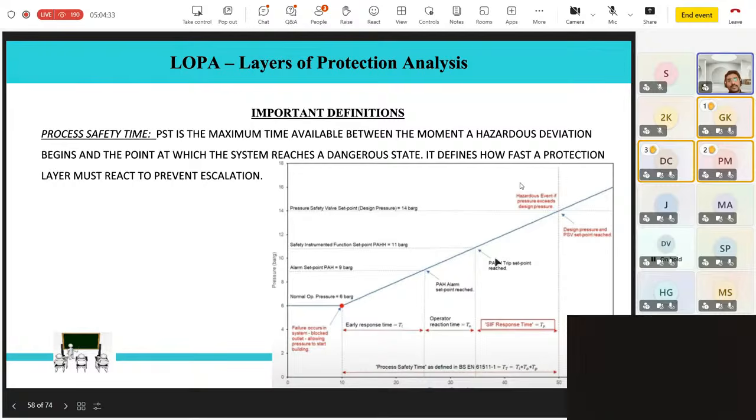And then you have the time from an LAH to an LAHH. This is your SIF response time, or you also call it the time to an event, whereby your event could be overflow from the vent or spillover from your designated overflow. So consider this as 5 minutes, this was 15 minutes, and suppose this was another 5 minutes.